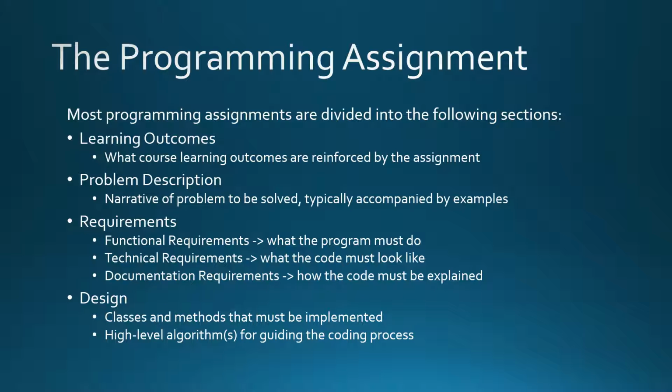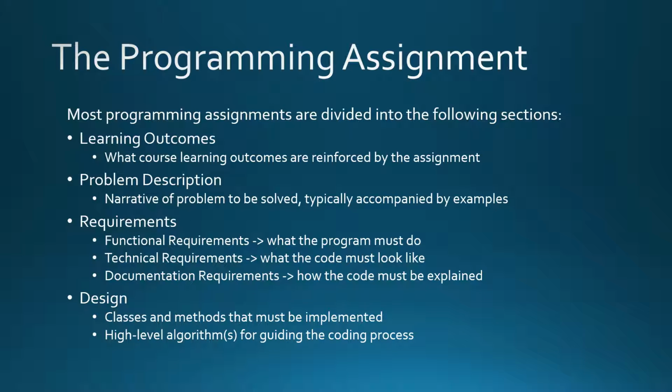You may also have a design section. A design section may have two kinds of information. First, the classes and methods that must be implemented, and we know that a Java program is going to have at least one class, and many of your CS160 assignments will only have one class, and we know that class is going to have a main method.